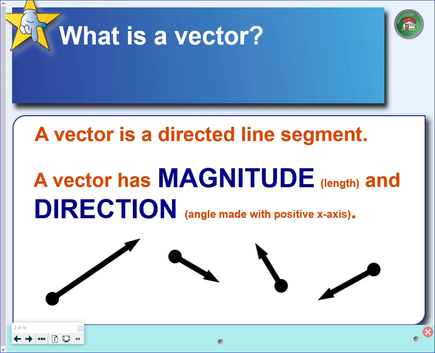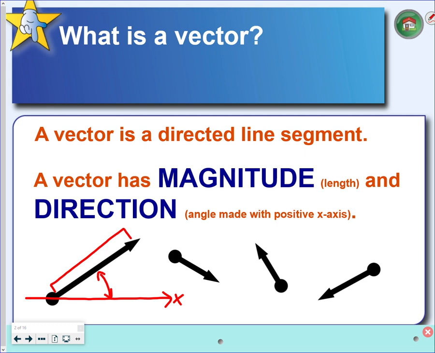We measure direction on vectors relative to some kind of standard. In most cases, we're going to be measuring them relative to the positive x-axis. So for instance, if I could get an angle measurement on this, then that particular angle is going to be the direction of this vector, and then the length of that line segment is going to refer to that vector's magnitude.